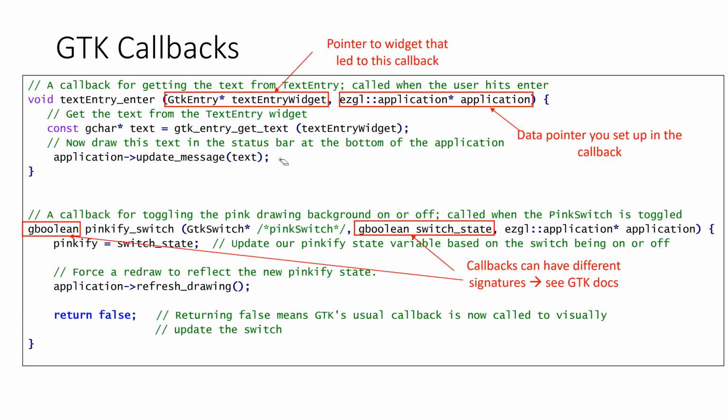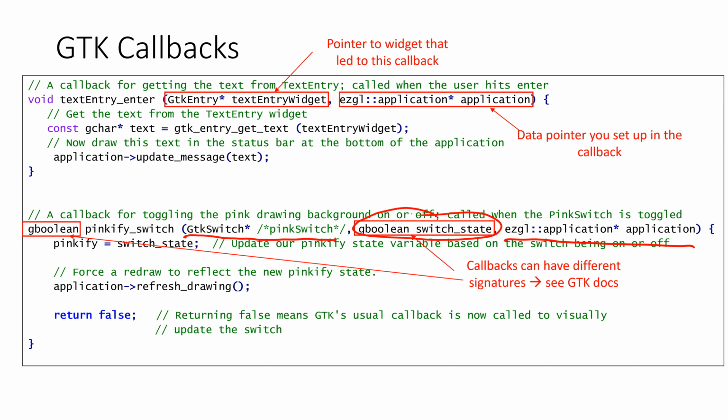Not all callbacks have the same function signature. The function signature for a GTK switch, when you click on the switch, is different. You still get a pointer to the widget. You still get a pointer to the data that you hooked up in the G-Signal Connect. But in this case, I actually get another thing in the middle. I get a Boolean variable called switch state, because the creators of GTK figured you probably want to know if the switch is on or off.